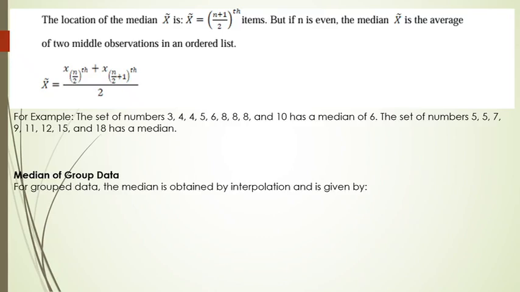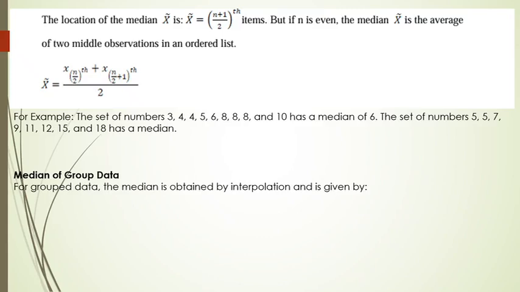The first thing when we are talking about median, we arrange in ascending order, and that is from the smallest to the biggest. Here now, the first thing we do is we arrange from the smallest to the biggest. Then we say n, how many observations were given?